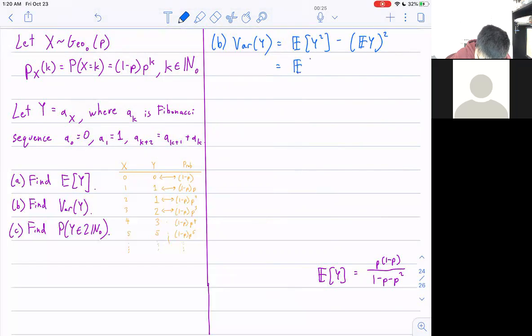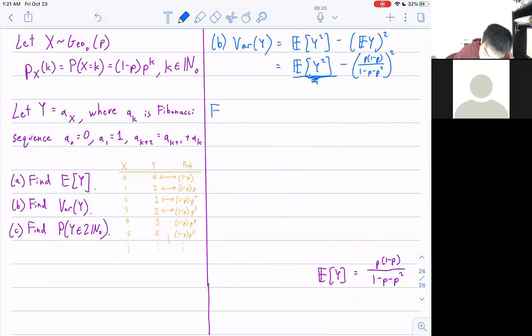So if we write this out, we know what this is already from here. So we plug this in right there. So now what we're left with is this thing.